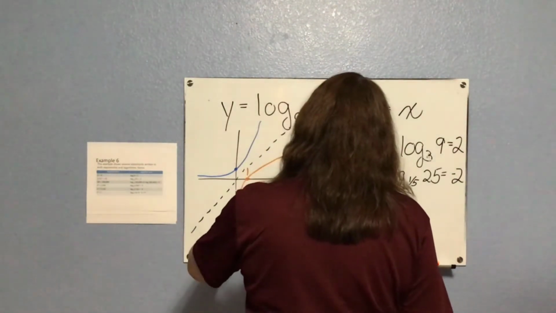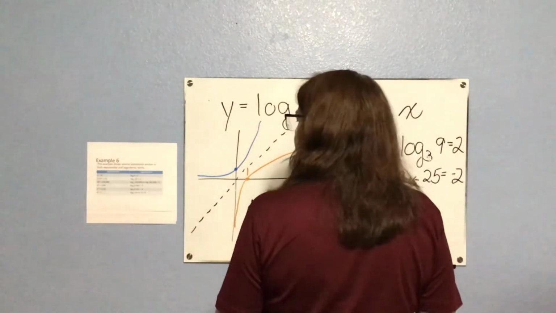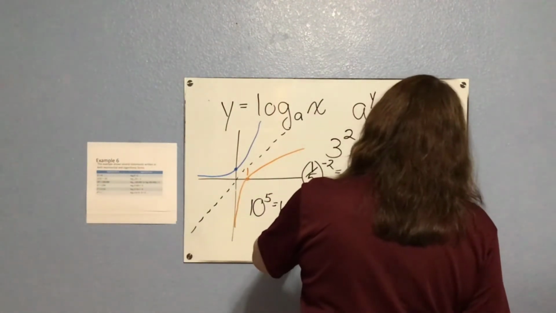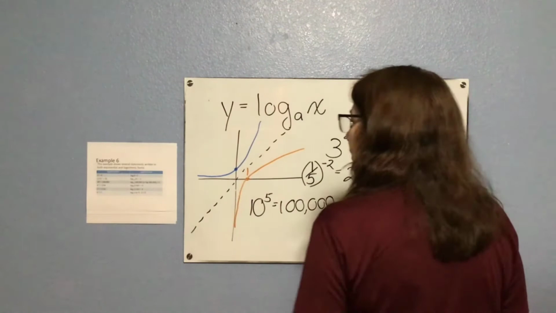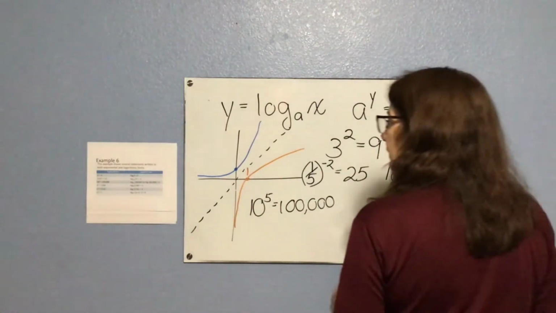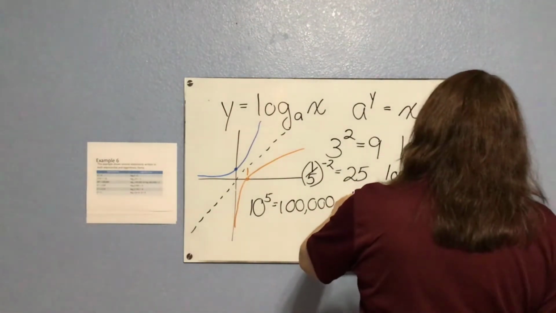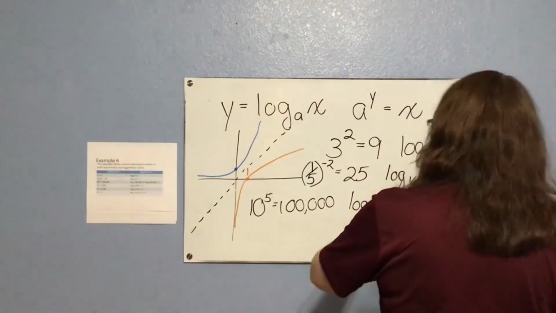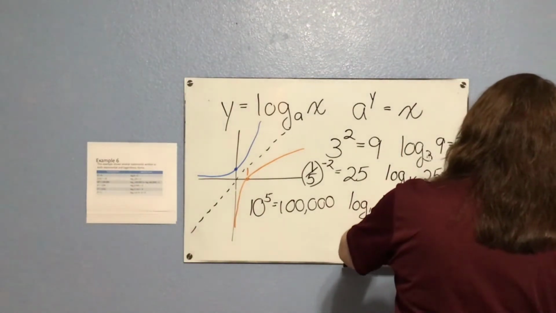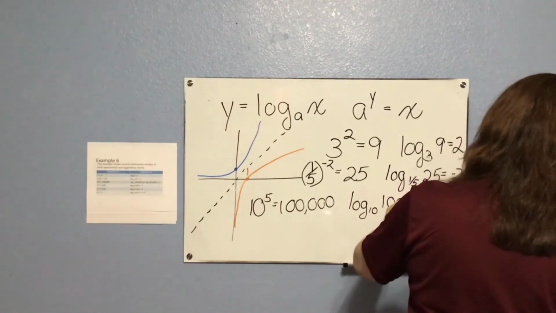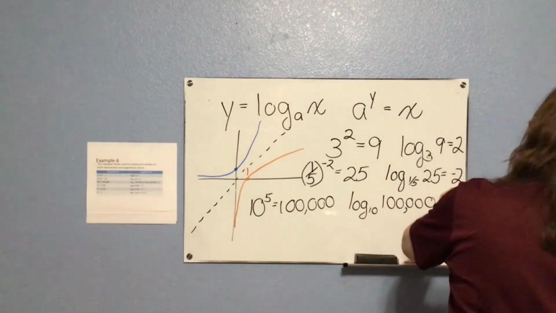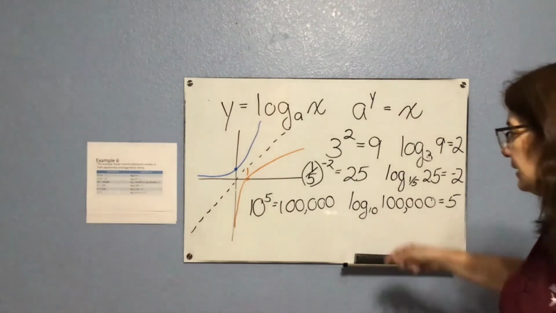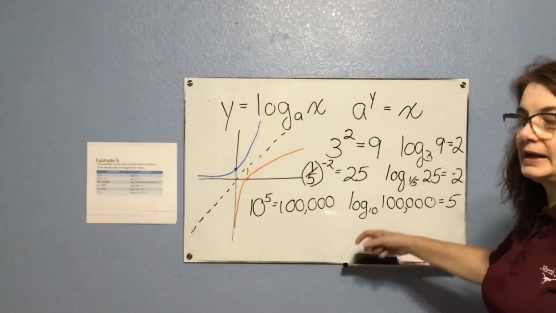If I were to say 10 to the 5th is equal to 100,000, I could rewrite that as a logarithm. Log base 10 of 100,000 is 5. When we're writing about log base 10, it's perfectly acceptable to leave the 10 out.